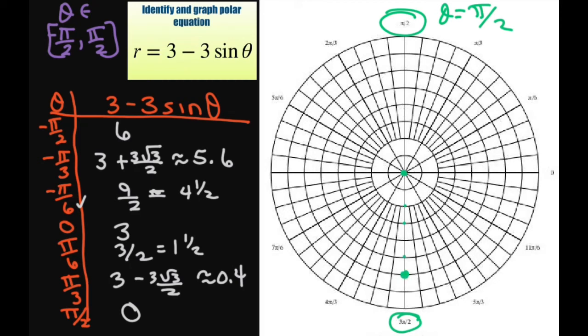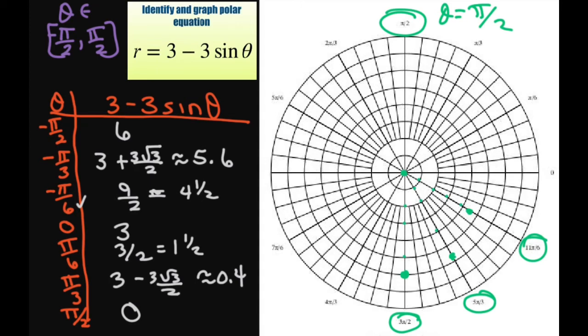Then at negative pi over 3, we're going out almost 6. So let's go on this line, 1, 2, 3, 4, 5, 6, and go back a little bit. And at negative pi over 6, this is 4.5. So we're going to go out 1, 2, 3, 4.5. It's about there.